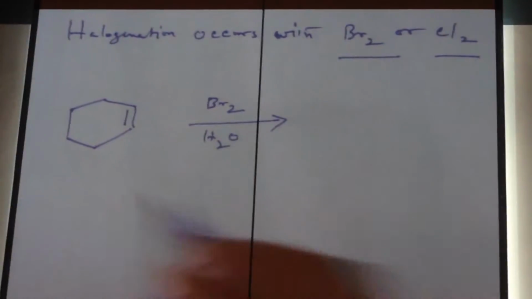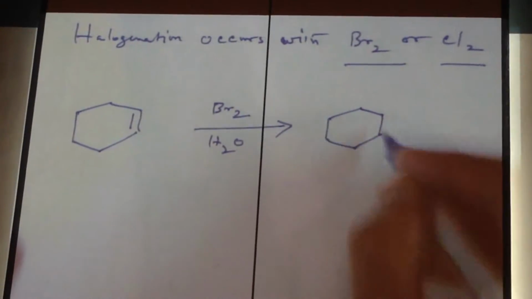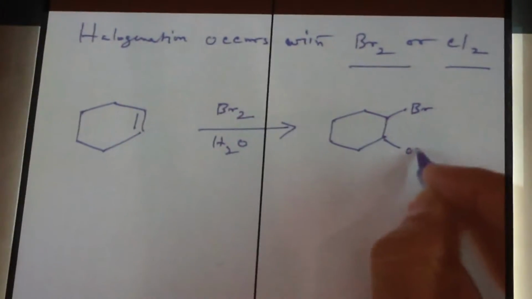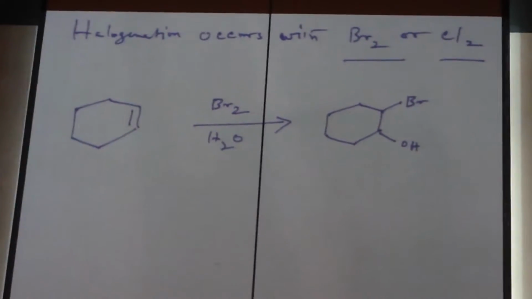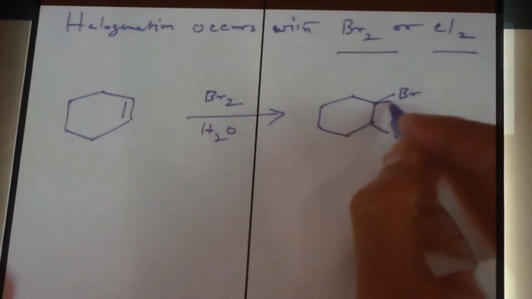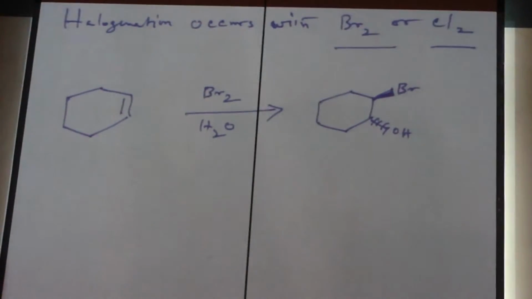In that case, what happens is you add one bromine and another OH. And furthermore, the stereochemistry is still anti, or in this case, one would be wedge and this one would be dash.